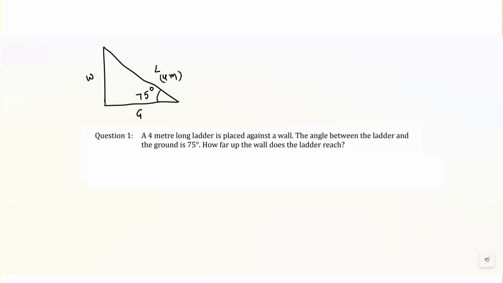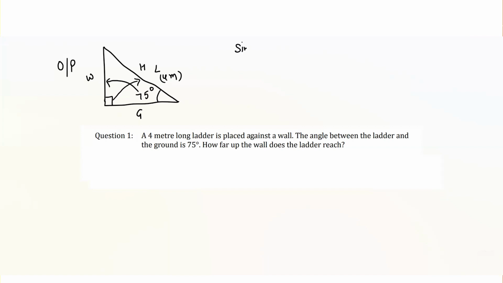For that, theta is given to us. In front of theta, or opposite of theta, is the opposite, or we can say perpendicular. The wall makes a 90-degree angle with the ground, so in front of the 90-degree angle is the hypotenuse. So we will use sine here.